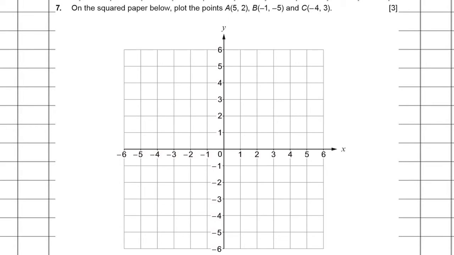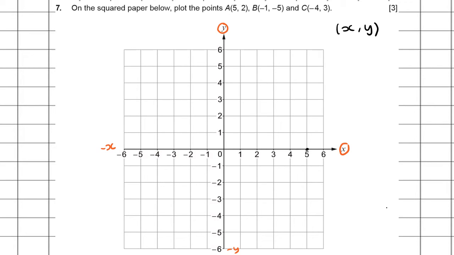Okay, on the squared paper below, plot the points A, B and C. So this is positive x, negative x, positive y, negative y. Okay, so let's plot our points. So we know that x, y, that's how we work it. So for A it's 5, which is the x, so we're here.